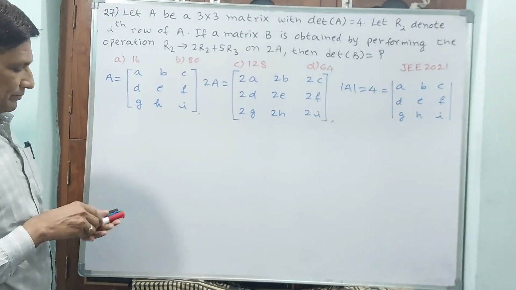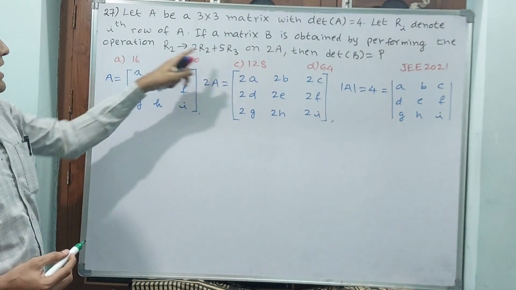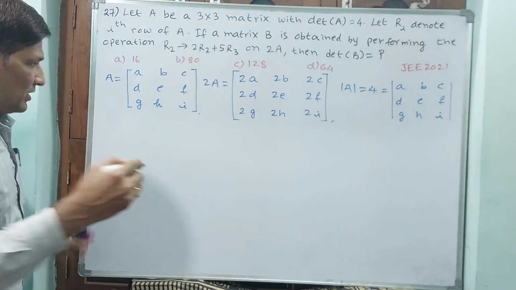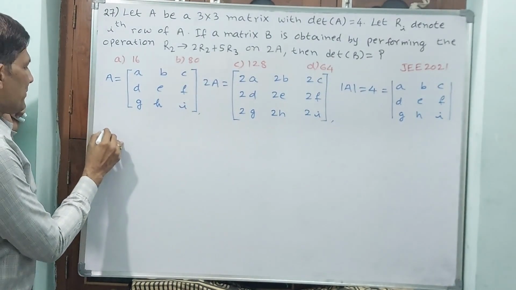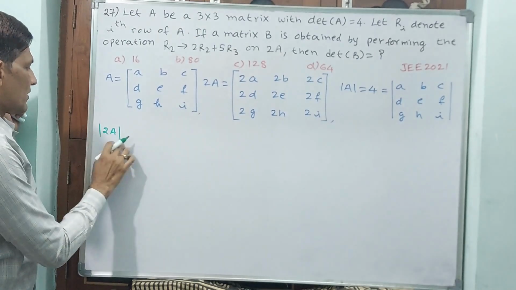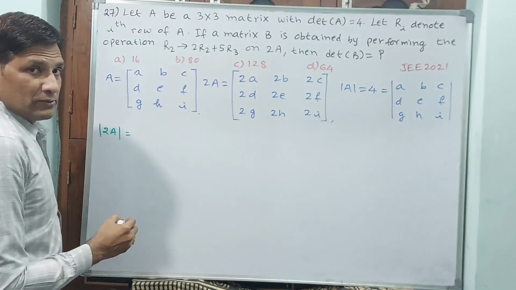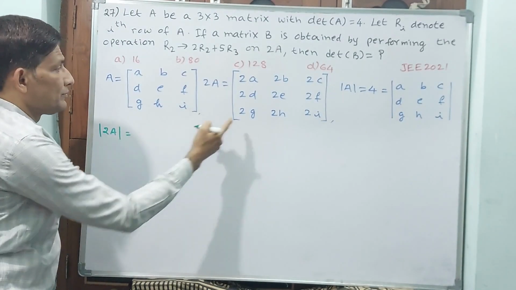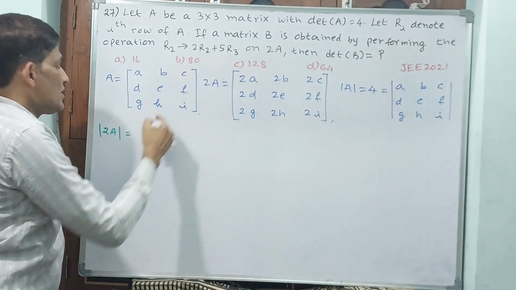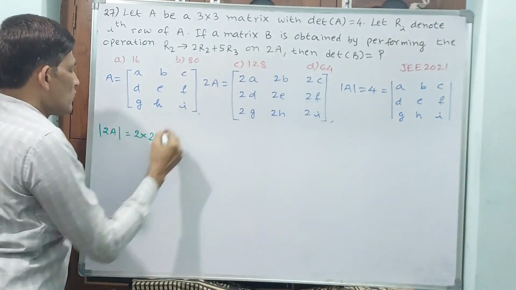Now come back. I want to write determinant 2A. See how I am writing it. Determinant of 2A is equal to: from each row, 2 I have taken. From here 2 I have taken, from here 2, from here 2.